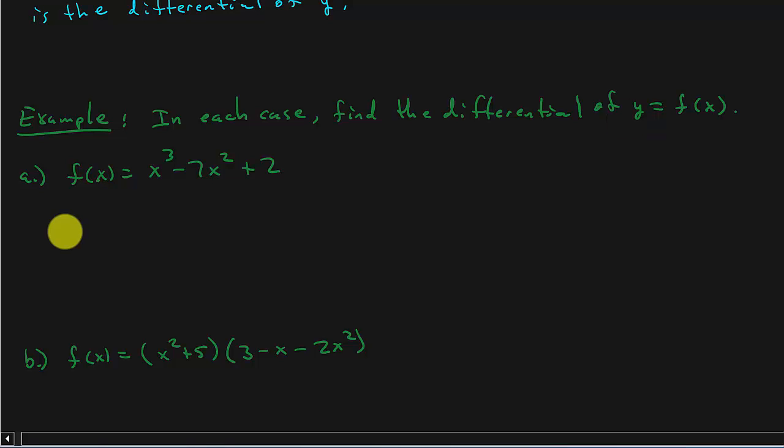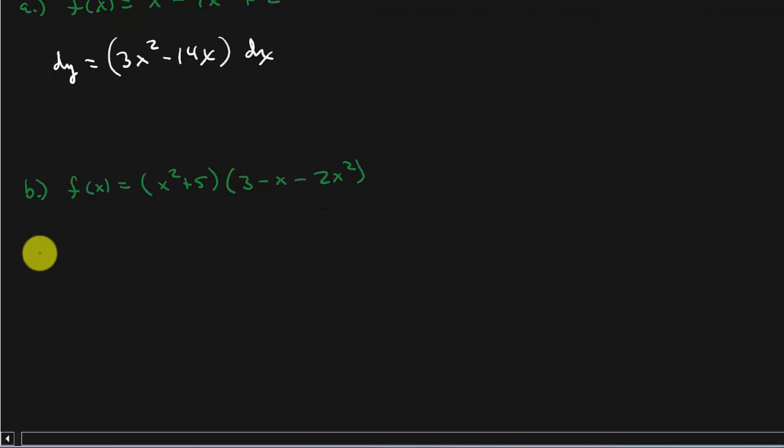So if we want to find the differential, dy is equal to just the derivative of this, which is 3x squared minus 14x, times dx. And that's it. That's some tough stuff there, isn't it? All right, let's look at this one. Now watch this one. We're going to use the product rule. This is my first function, this is my second function.